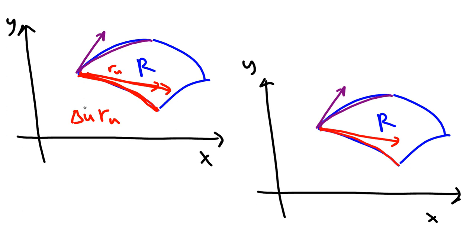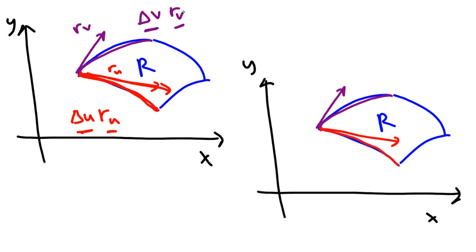This is sort of like a distance, and this is like a direction, so if I multiply, it gives me the length of that side. And in the same sense, this was r sub v, so delta v times r sub v would again be a distance times a vector, giving us the length of that little side there.